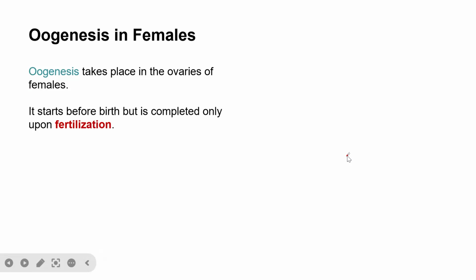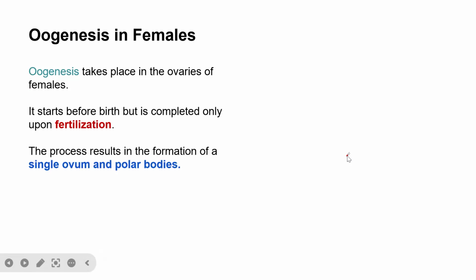But oogenesis actually starts before even giving birth, and it's completed upon fertilization. This process results in the formation of a single ovum and polar bodies. So in the case of spermatogenesis, at the end, you produce four genetically diverse cells. But in the case of oogenesis, only a single ovum is formed.